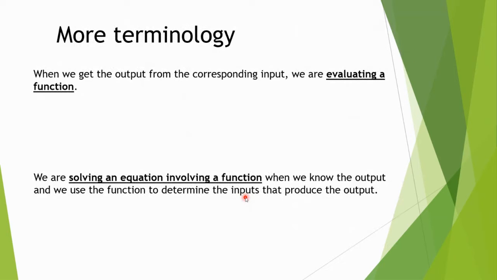No, excuse me, we're solving an equation involving a function. So if I gave you 30 and I asked you what months give us 30 in the function, we're solving an equation involving a function. That's terminology. Math does have vocabulary that's good to know, like any other science.